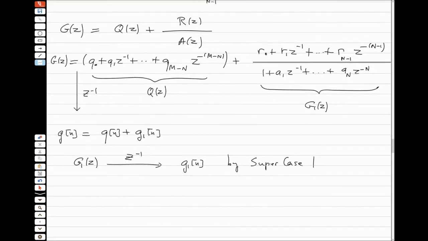All right, so g1(n), you obtain it with super case 1. And q(n), we know what it is, because when Q(z) is like that, then you know that q(n) is this sequence.